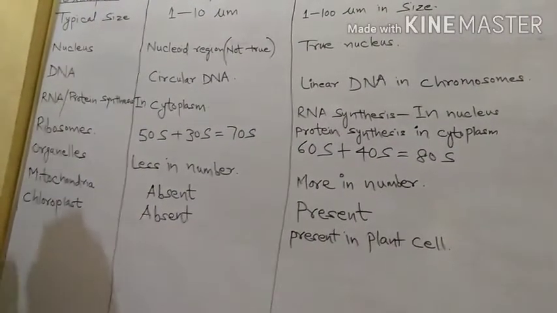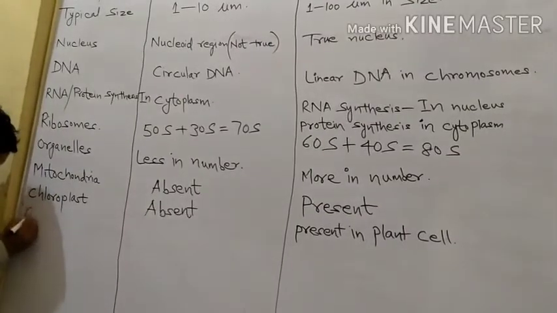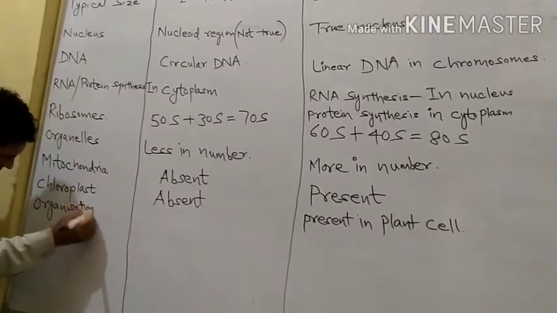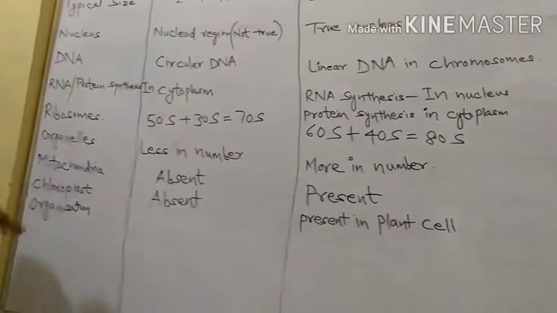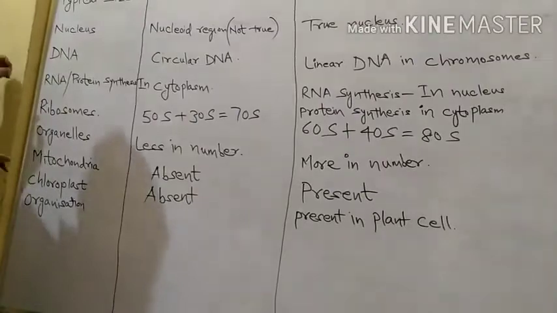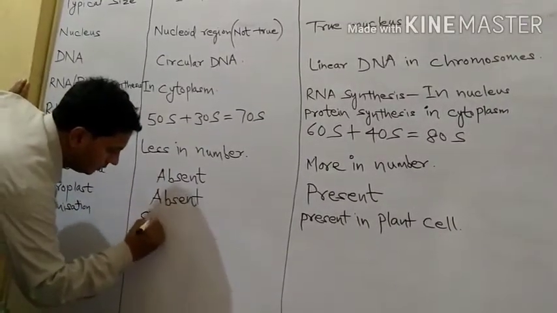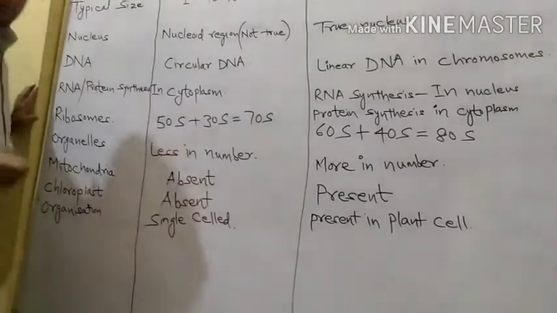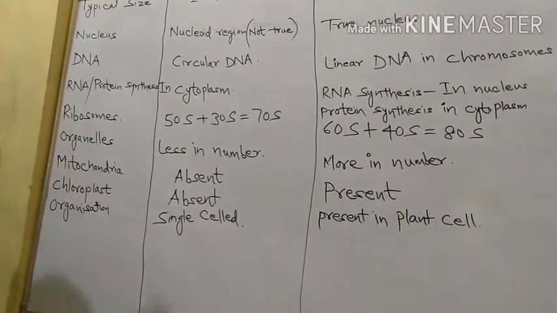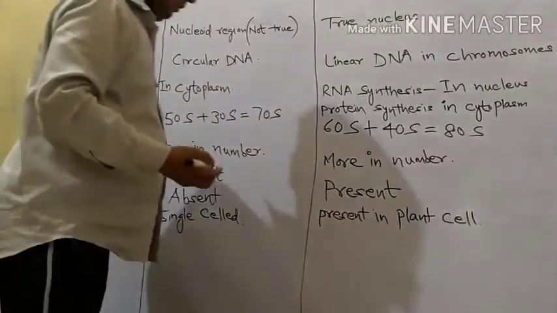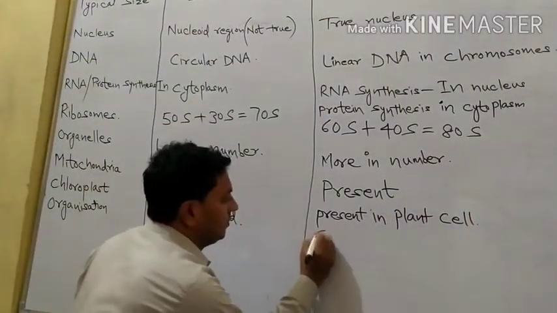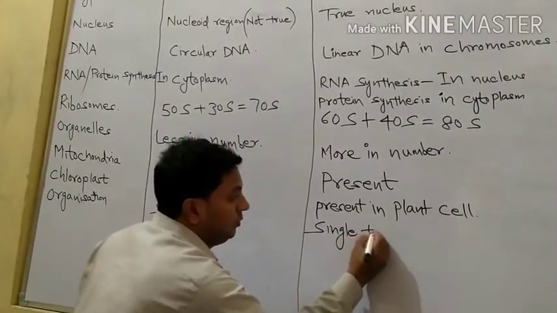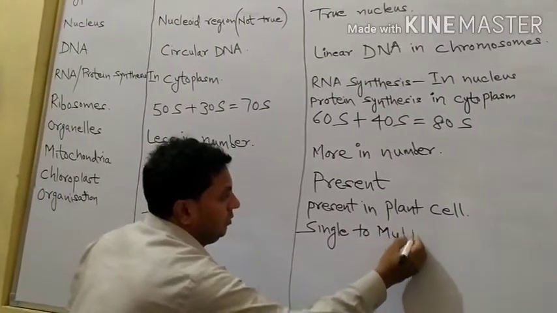Organization: we will discuss organization also. When we are talking about organization, prokaryotes are single-celled, whereas eukaryotic cells are single to multicellular organisms.